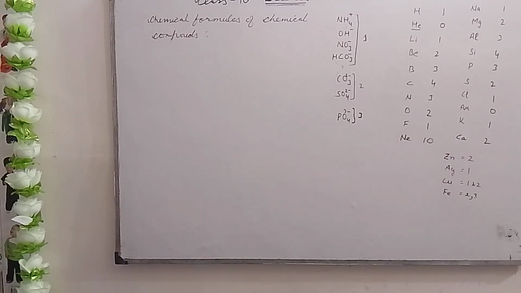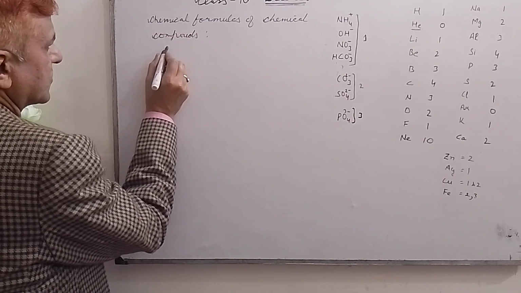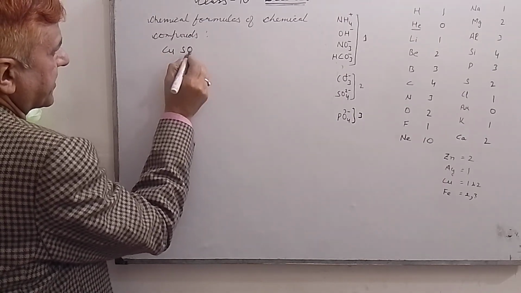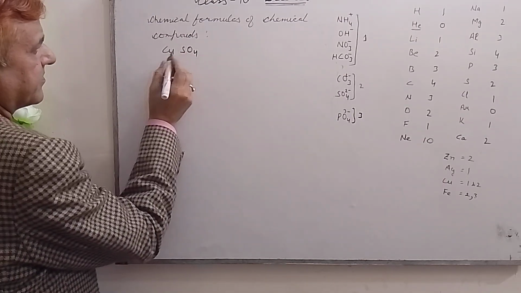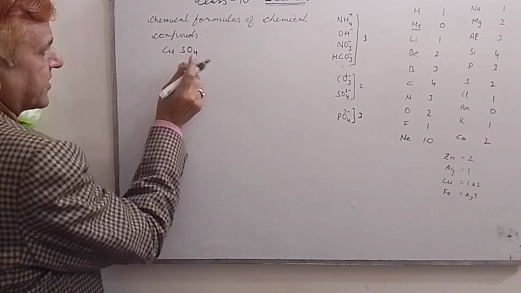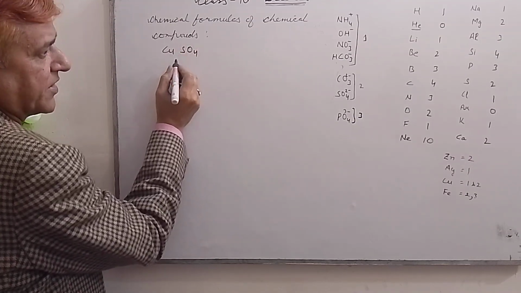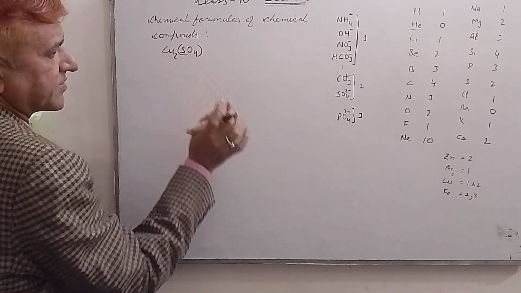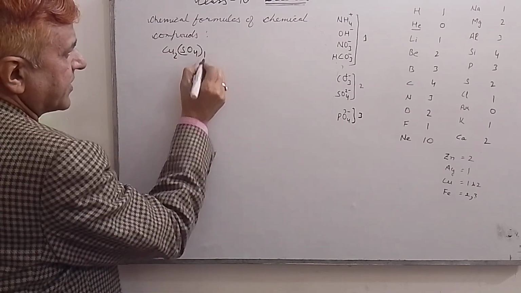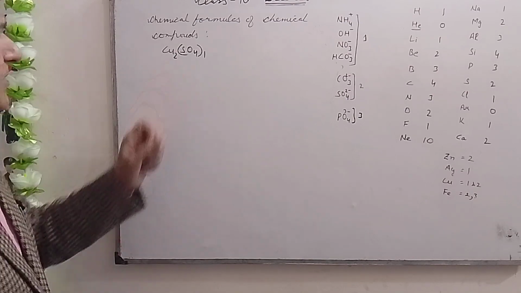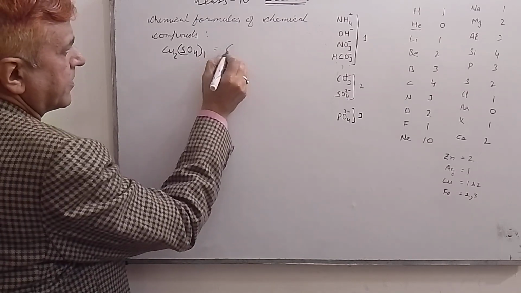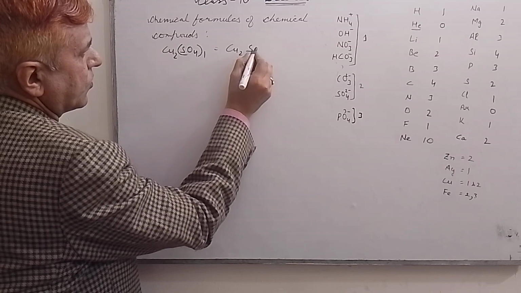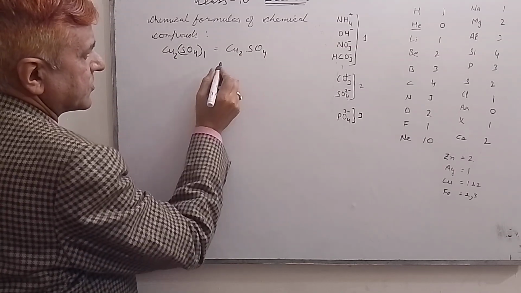Then we have copper sulfate. The valency of sulfate is again 2, and I am taking the valency of copper as 1. So this is Cu2SO4.